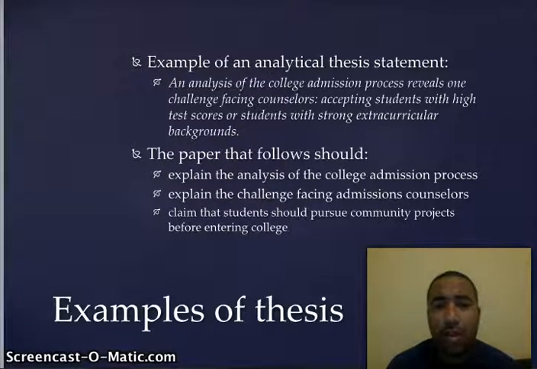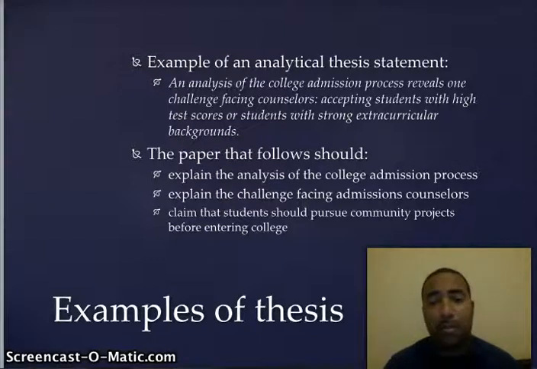What is our claim and what is our reason? So the claim is that the admission process reveals one challenge facing counselors, and it's accepting students with high test scores or with strong extracurricular backgrounds. So it presents the problem with the claim, and it gives us the reasons as to what challenges they are facing. So if we look at a thesis like this, what type of paper will we be looking at?